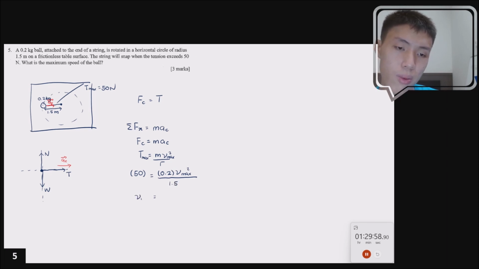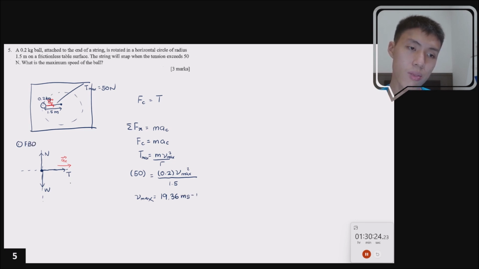We just need to find v max. From the calculation, I believe we will get 19.36 meter per second.